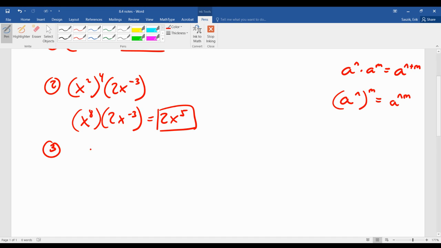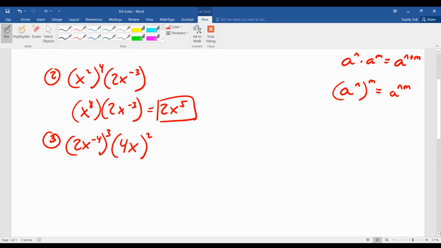Okay. Here, 2x to the negative 4th, all to the 3rd, times, how about 4x squared.